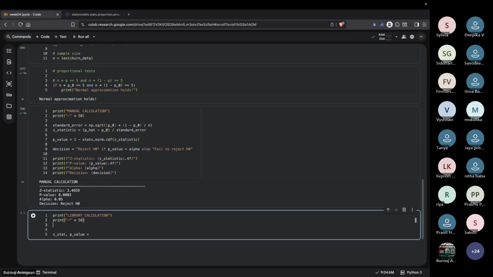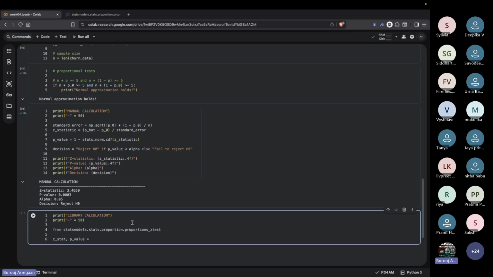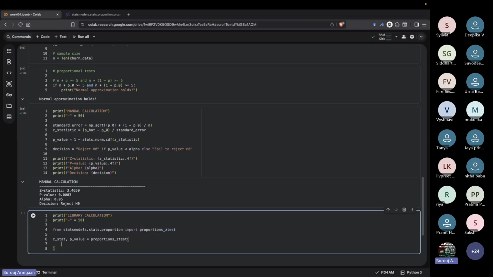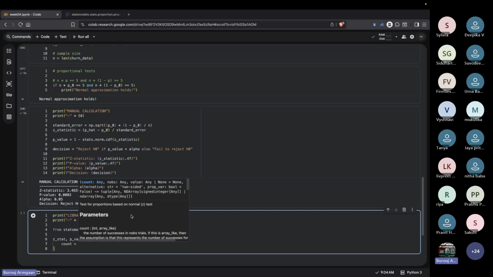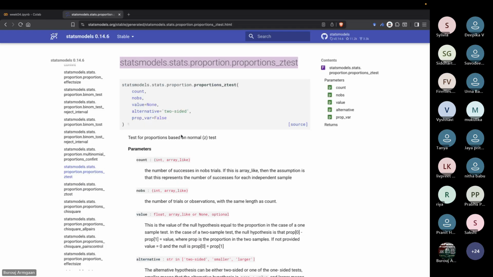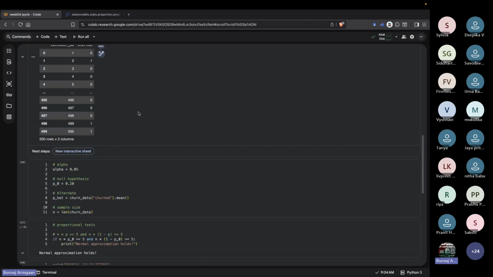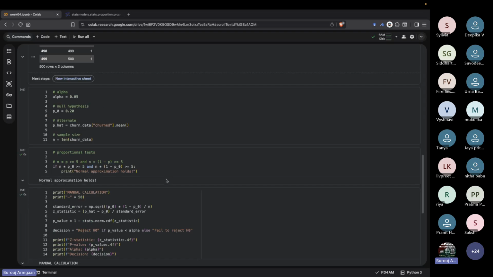We can say from statsmodels import this, and we would like to call this. So the first thing is the count. What do you pass in count? The number of successes. So we have to essentially sum our column. The number of ones is the number of successes.